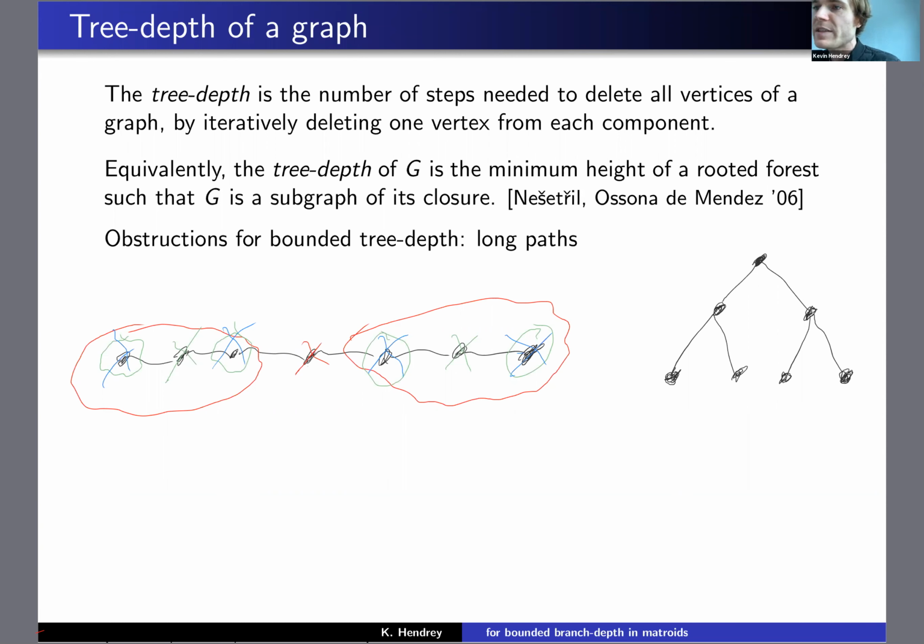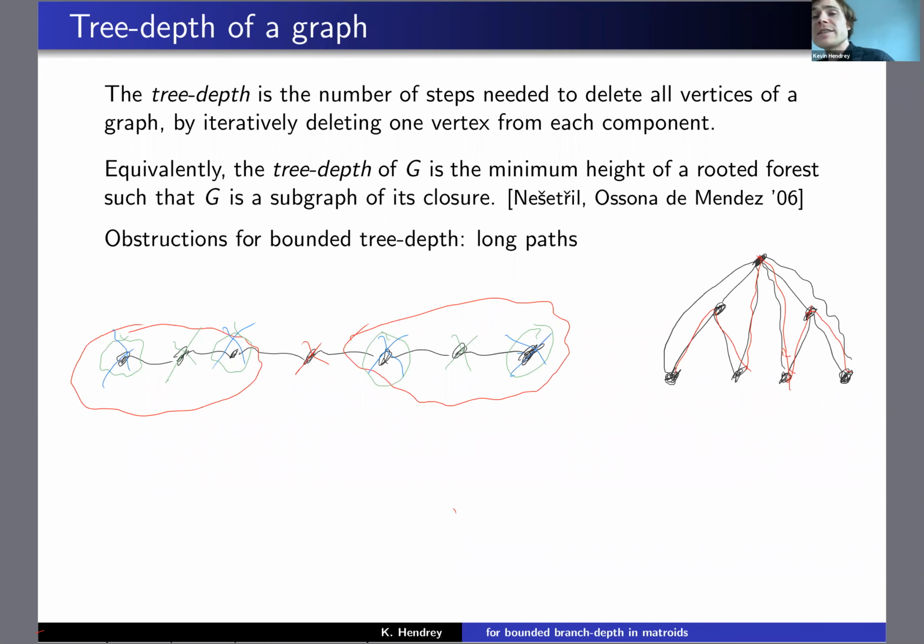Here, this just means that everything is adjacent to the root, because the root is an ancestor of every vertex. And what we see here is that this path is a subgraph of this tree that I've just drawn. That means that the tree depth of this path is at most 3. And this turns out to be optimal in both cases, so this is really the tree depth of this path.